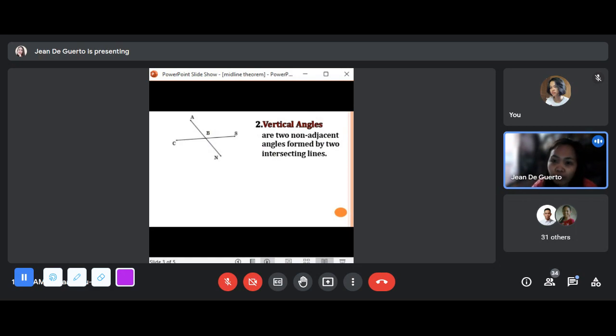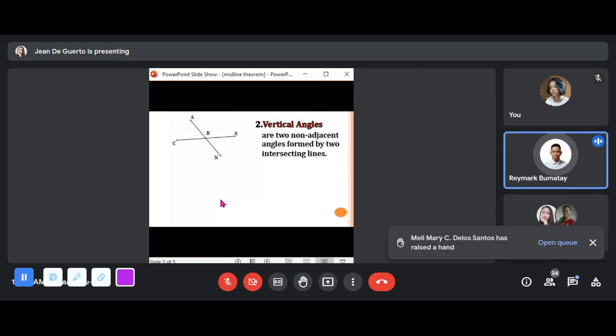Would you like to give the first pair of vertical angles formed by these two intersecting lines? Angle ABS, angle SBN, Raymark. Ma'am, yung first pair po is angle ABS and angle CBN po.